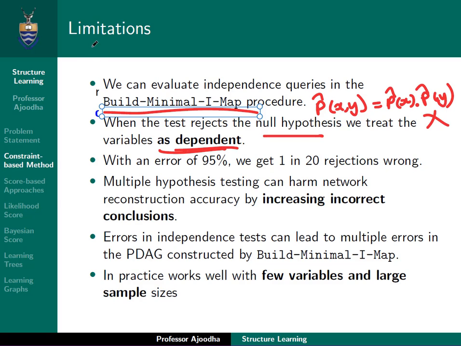Well, there's a big limitation with constraint-based structure learning. Since we're learning this variable by variable, if we make a mistake, if we put an edge where there's an edge that's not supposed to be there, we're constraining future edges that are going to come about when we add more variables. And if you have a confidence of 95%, so the error is 0.05, we get 1 in 20 rejections wrong.